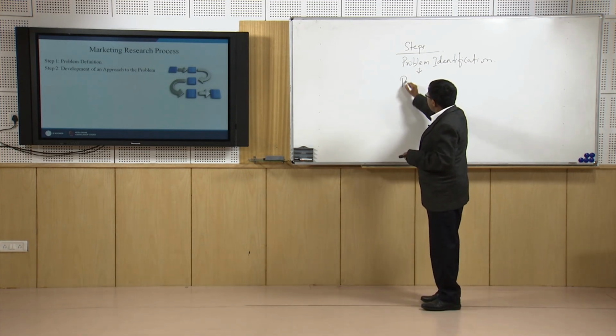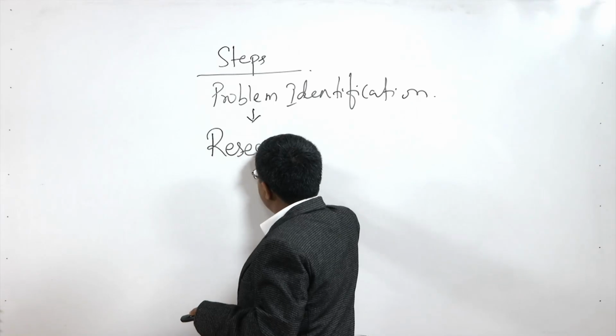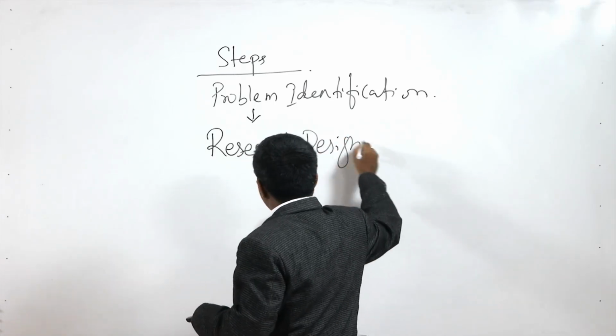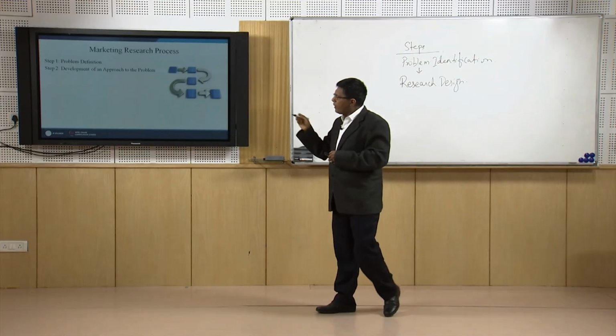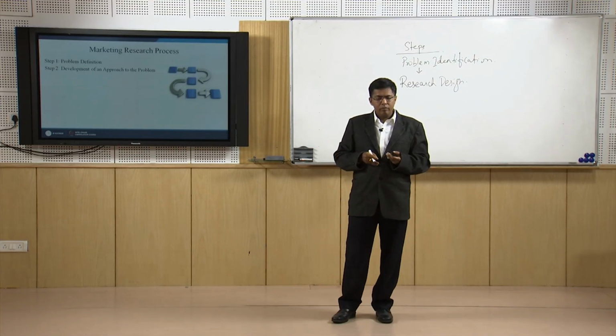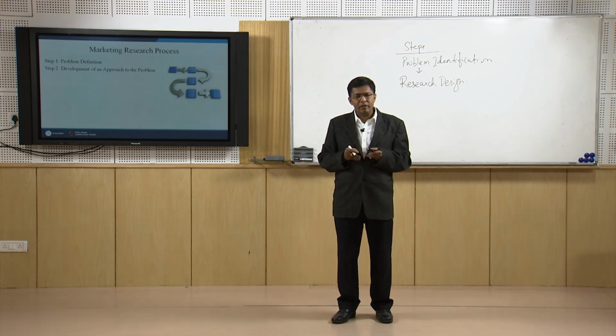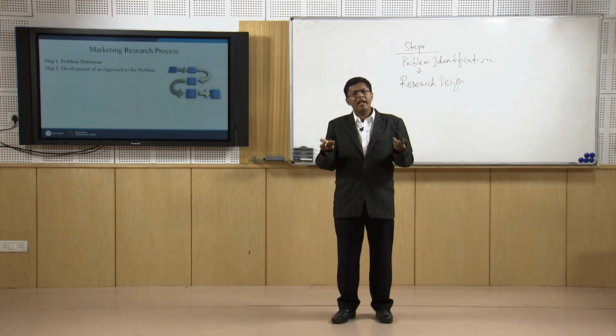Once you do that, the second step is the design, which I have called the approach: development of an approach to the problem. Say you have to go to Delhi from here. You can go through several ways, but one might be very long, another moderate, another much shorter. So, which is the right path?